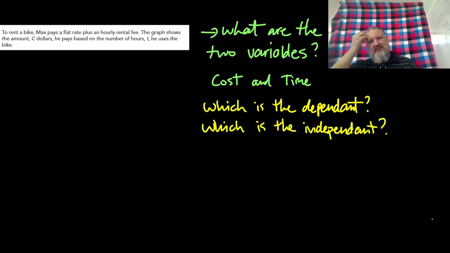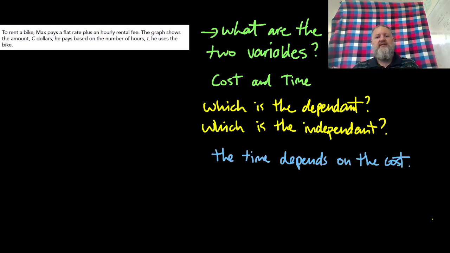I think the easiest way to sometimes figure this out is to ask yourself which sentence makes more sense. Does "the time depends on the cost" make more sense than saying "the cost depends on the time"? I think the second one makes more sense.